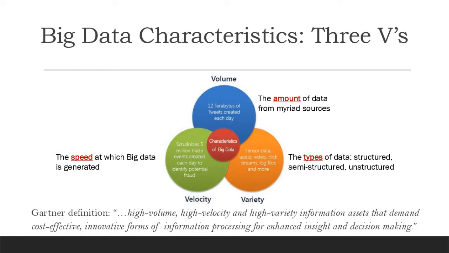Variety has to do with the types of data. Some of the data is structured, some is semi-structured, some is unstructured. You can come up with other terms, quasi-structured, and so forth. For instance, we could have sensor data, we can have audio, video, click streams, log files, and more.